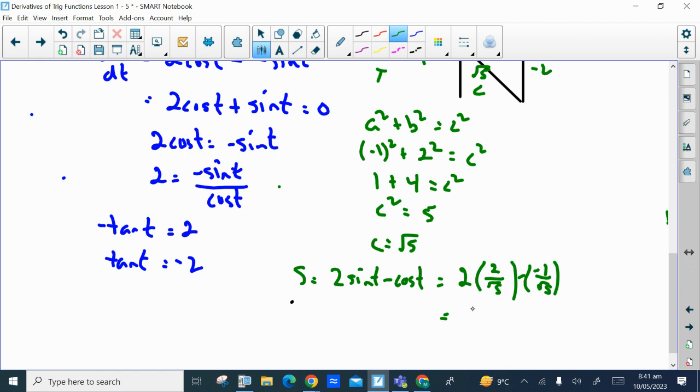So this will be 4 over root 5 plus 1 over root 5. The minus minus becomes a plus, which will give us 5 over root 5, or 5 root 5 over 5 when we rationalize that, which becomes just root 5.